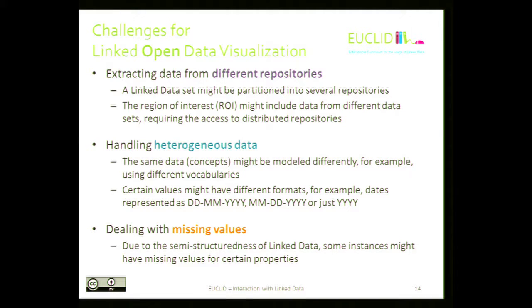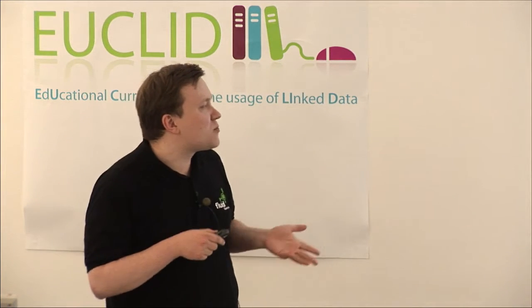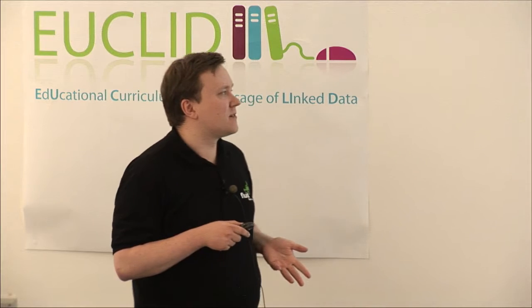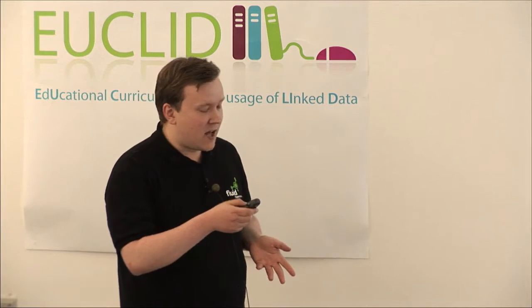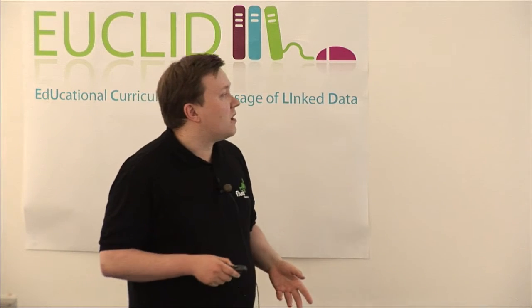So, so much about linked data in general. When we add to linked data the dimension of open data, there come a lot of much more challenging topics into play. For example, your region of interest in the data may be spread across several data sets, several repositories.